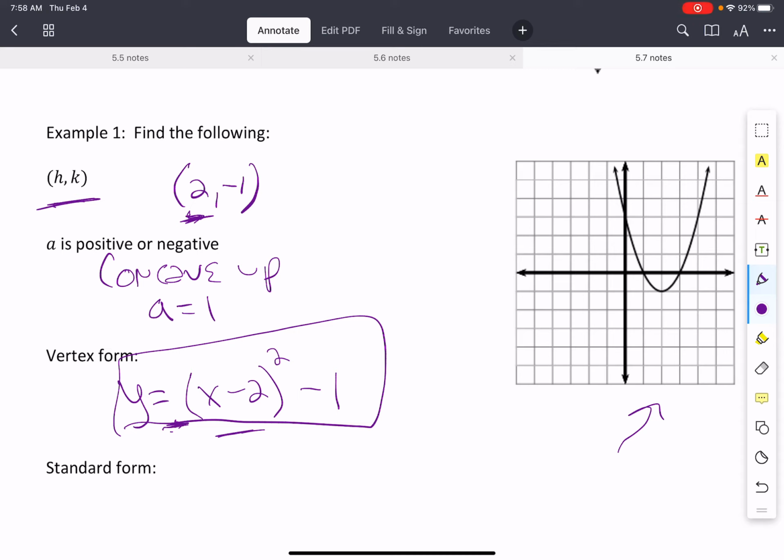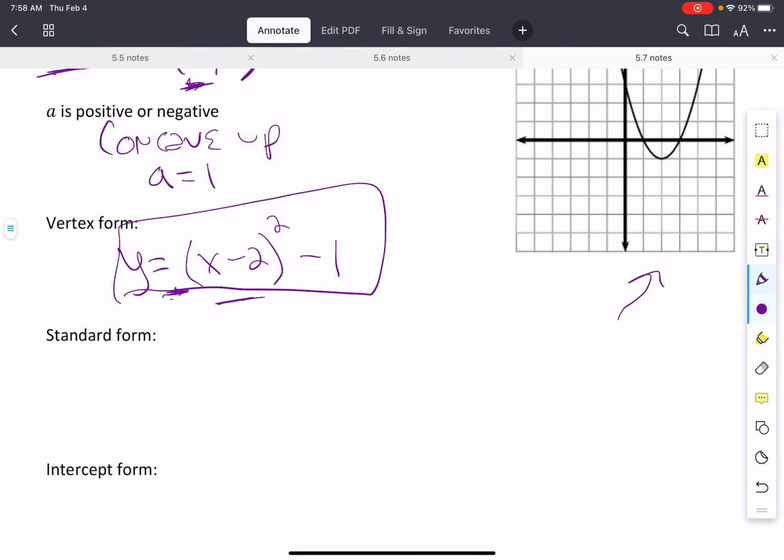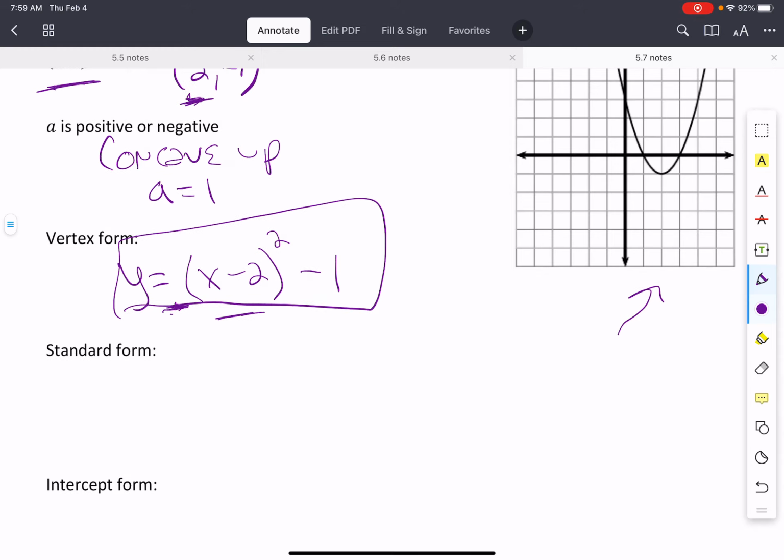Okay. So then now how can I get the other forms? Let's convert that vertex form to standard. Where does the x minus 2 go? Out of the box or in the box?